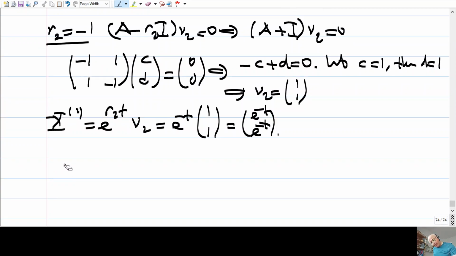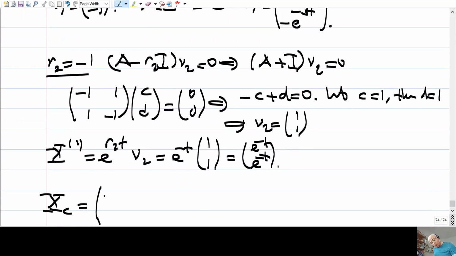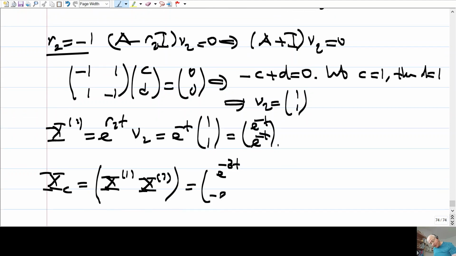What is the fundamental matrix? We take these solutions as columns. I take the first solution and the second solution and write them as the columns. So we get [[e^(-3t), e^(-t)], [-e^(-3t), e^(-t)]].